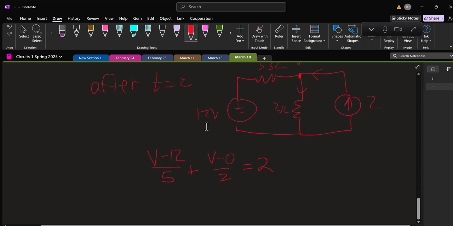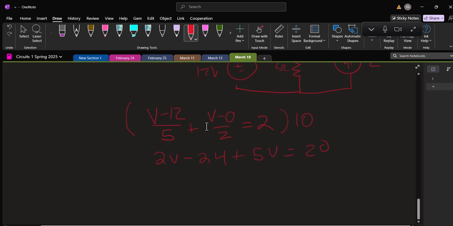And then I'll multiply everything by 10 to get rid of the fractions. So 2V minus 24 plus 5V equals 20, or 7V equals 44, or V equals 6.29 volts.